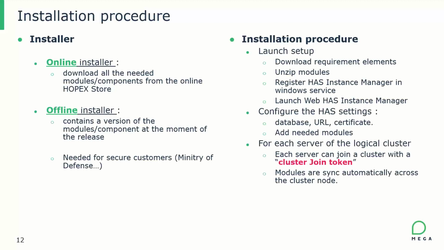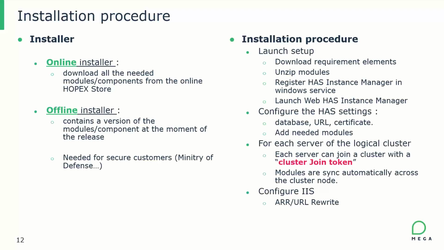Here, it's not working like this anymore. Each server contains everything, and it is the system that will manage automatically what it needs to avoid failover and things like that. And the modules and the updates that you do will sync automatically across each of the servers. So when you update one server, each server will notify the other nodes to update themselves. And of course, you need to configure IIS in front.